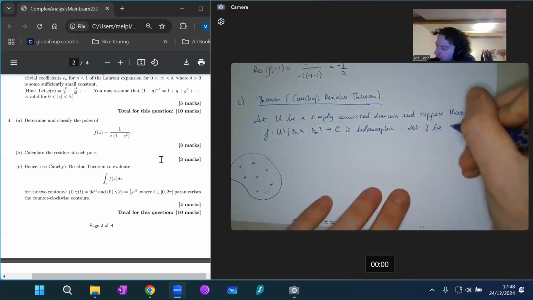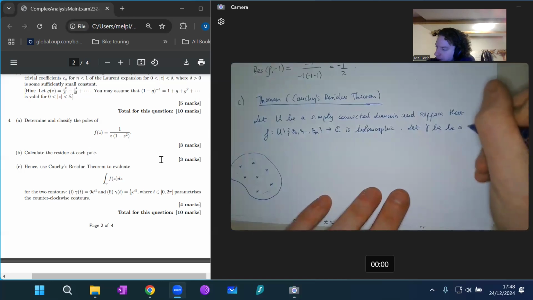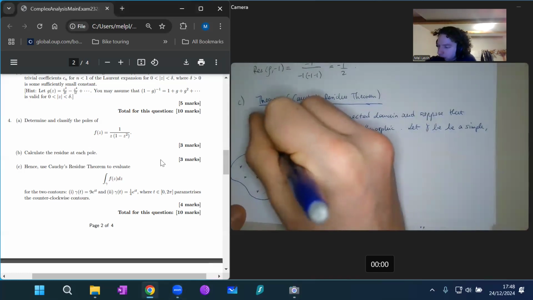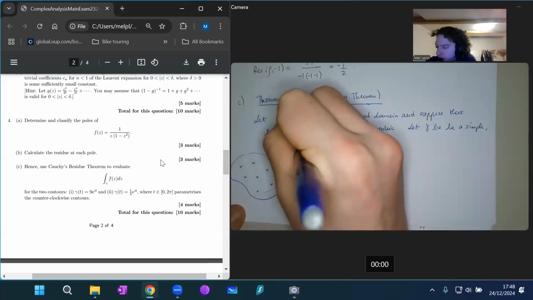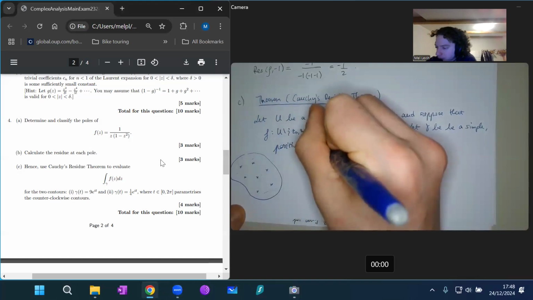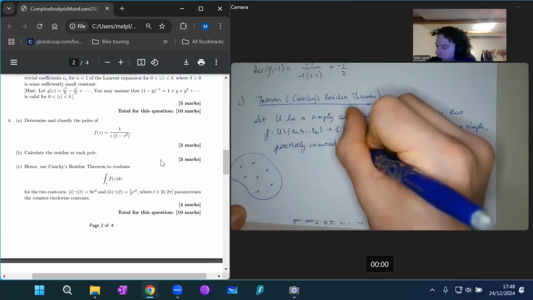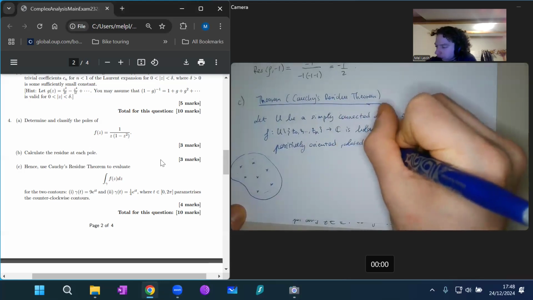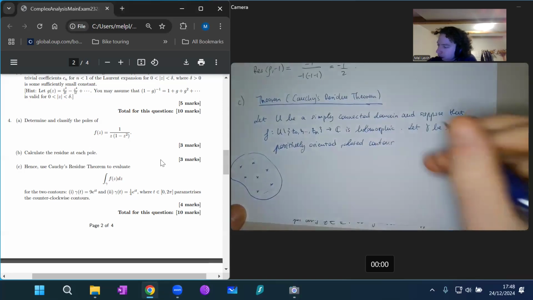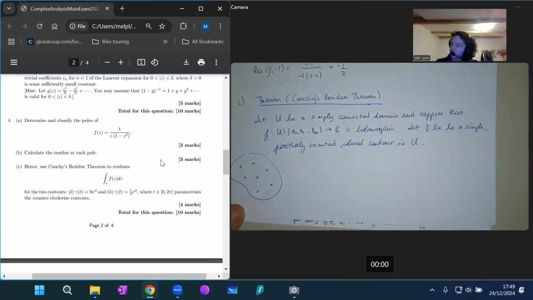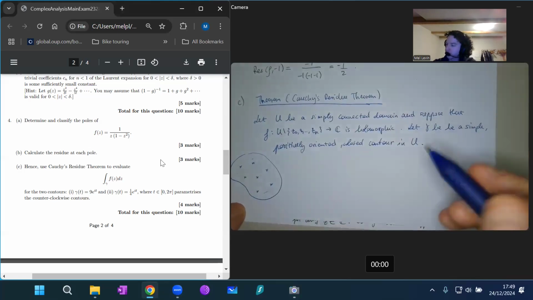So let gamma be a simple, positively oriented, closed contour in U. So what does it mean? Simple, positively oriented, and closed.